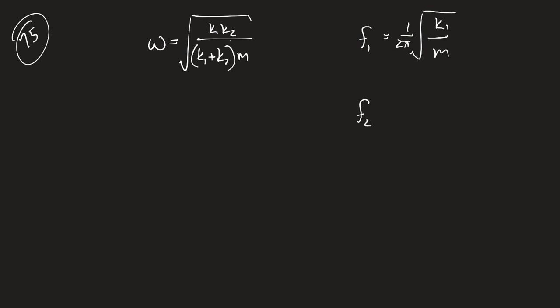And frequency 2 would be 1 over 2 pi times the root of K2 over M. So, bless you. Let's see, what would be a good way to do this?